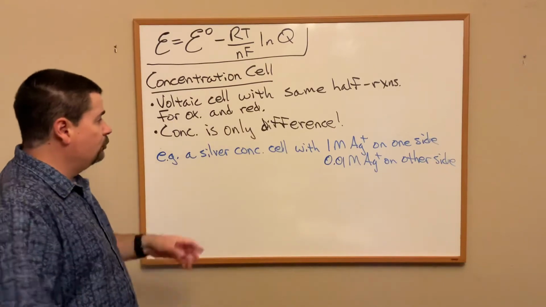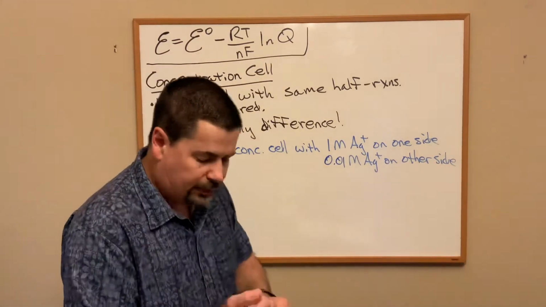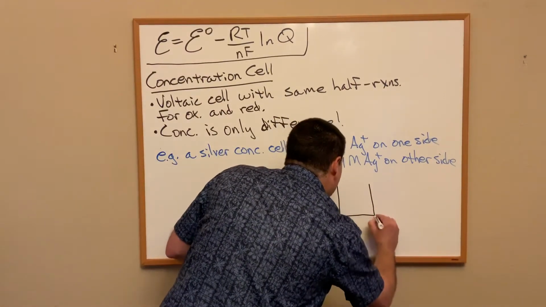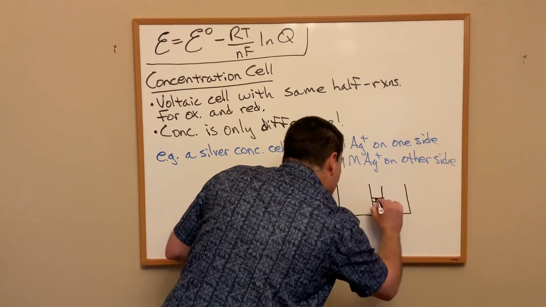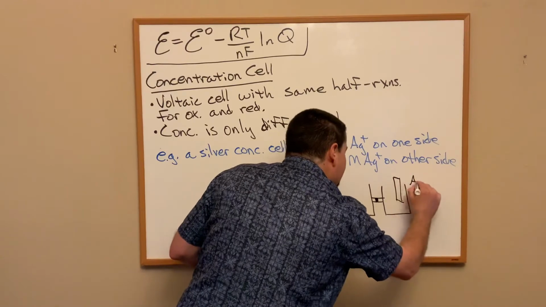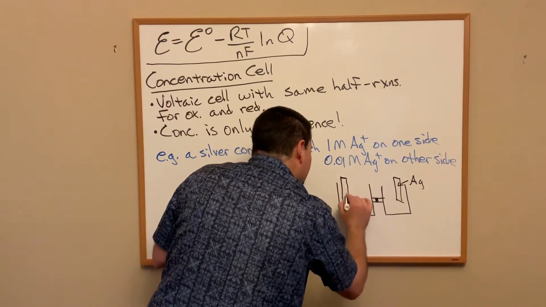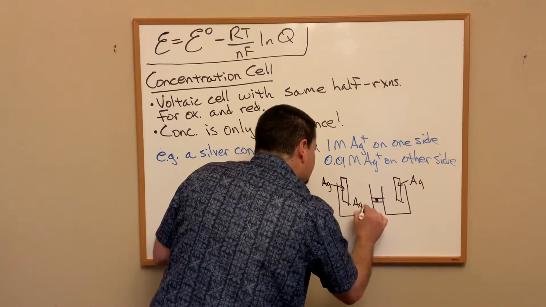Okay, so first of all, what would this look like? Well, what we would have is the following. Here's our porous disc, and then we'll have a plate here of silver, and a plate here of silver, and then Ag plus.